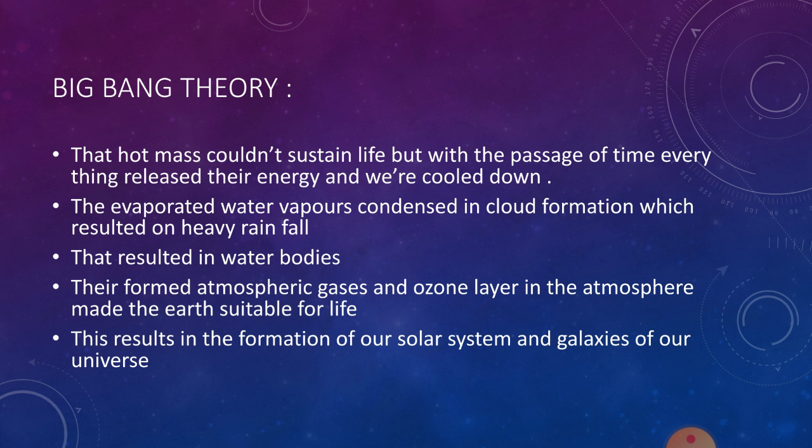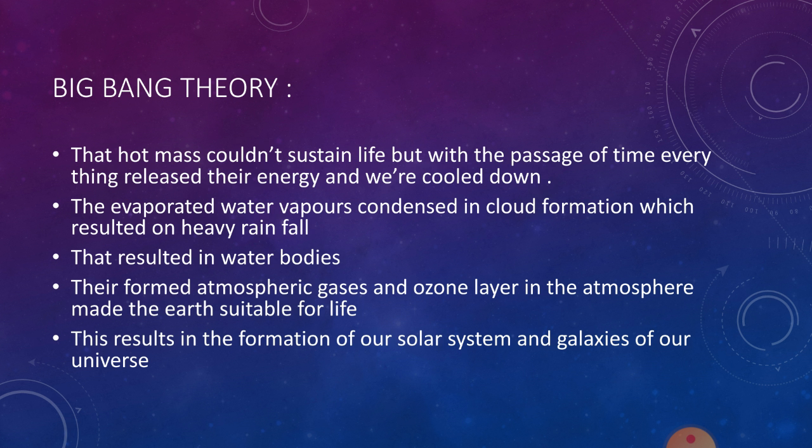As they got space to release their energy, the water vapors, the evaporated water molecules, lost their energy to their surroundings, and they condensed in the form of clouds, and these clouds resulted in heavy rainfall. This heavy rainfall formed the water bodies which we can see now on the earth.